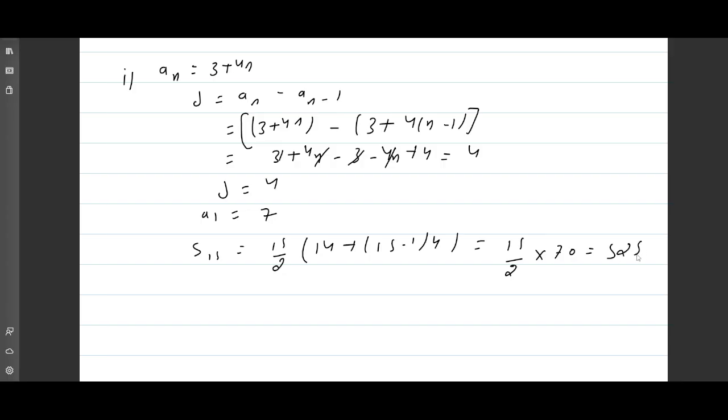Now move to the second part. In the second part what is given is an is equal to 9 minus 5n, and d is equal to an minus an minus 1.